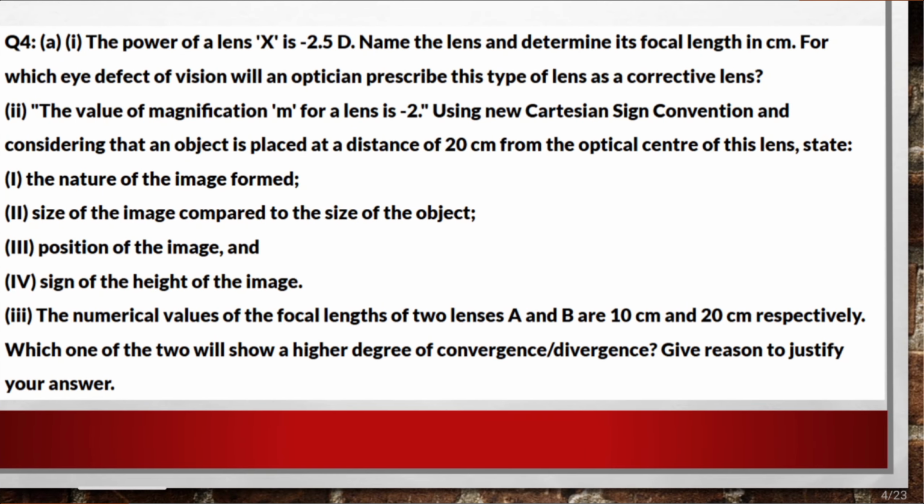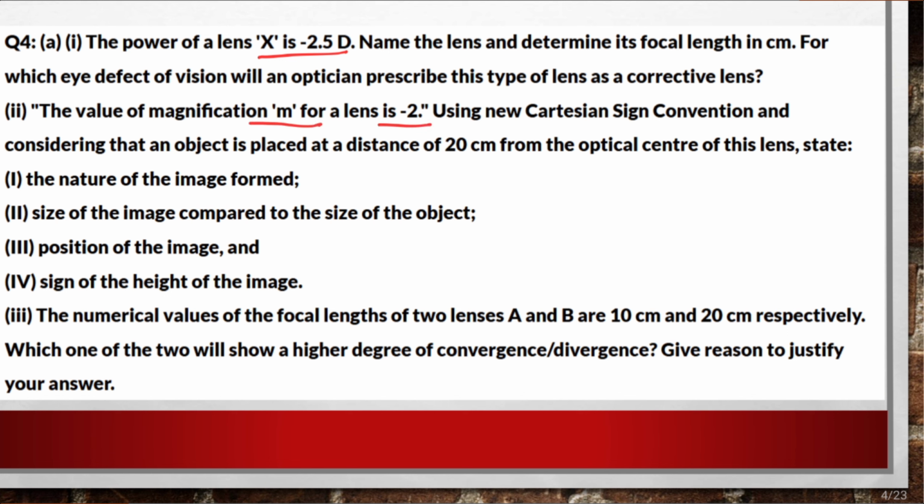Next question: the power of lens X is minus 2.5 diopter. Name the lens and determine its focal length in centimeter. For which eye defect of vision will an optician prescribe this type of lens as a corrective lens? The value of magnification m for the lens is minus 2.